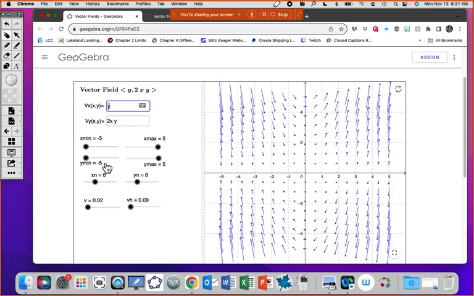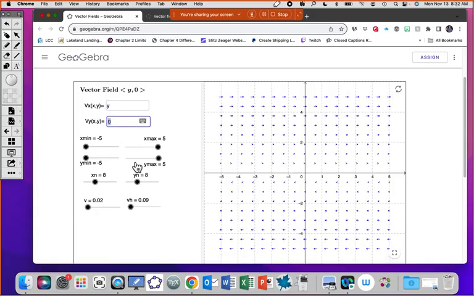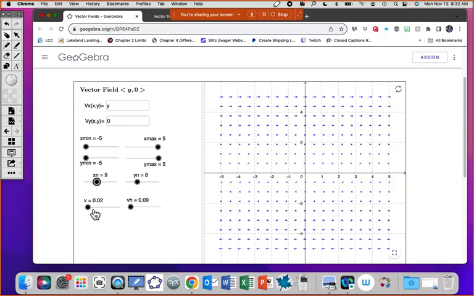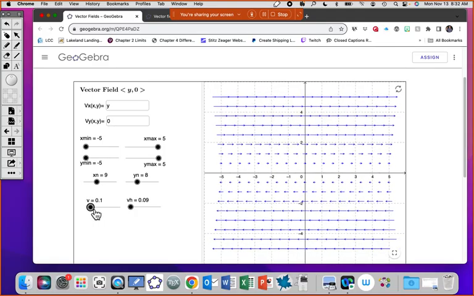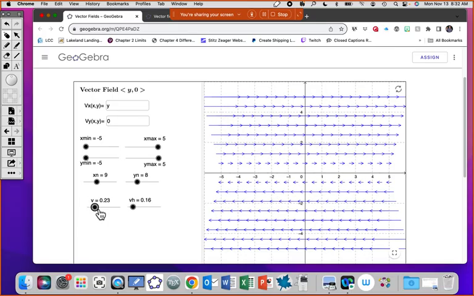That's the x component of the field. And the y component of the field. And then what you can do is you can increase the number of samples you get, and then you can increase the length of the vectors. So you can kind of see what's happening here.